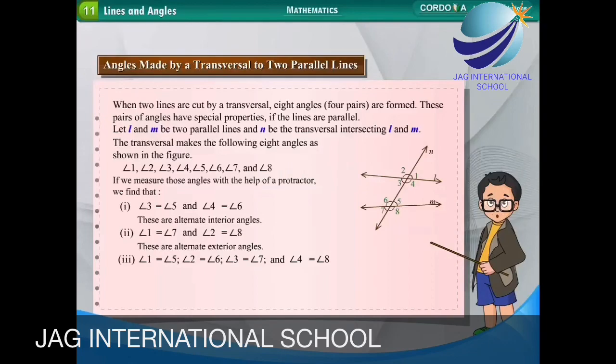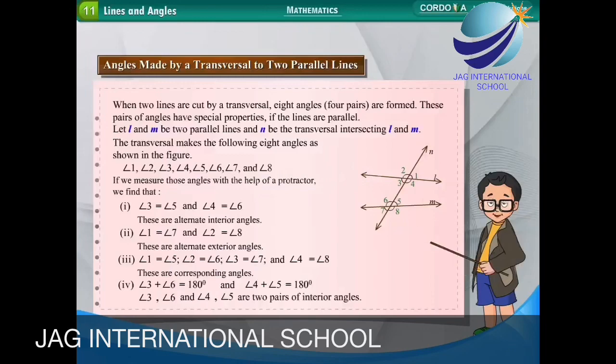Angle 1 is equal to angle 5, angle 2 is equal to angle 6, angle 3 is equal to angle 7, and angle 4 is equal to angle 8. These are corresponding angles. Angle 3 plus angle 6 is equal to 180 degrees, and angle 4 plus angle 5 is equal to 180 degrees. Angle 3, angle 6, and angle 4, angle 5 are 2 pairs of interior angles.